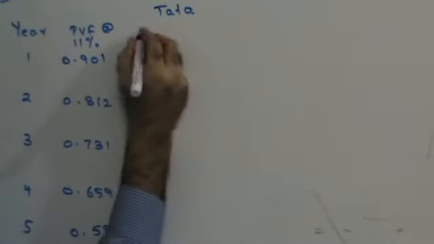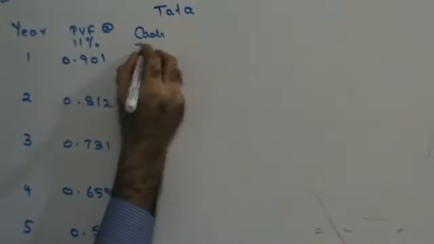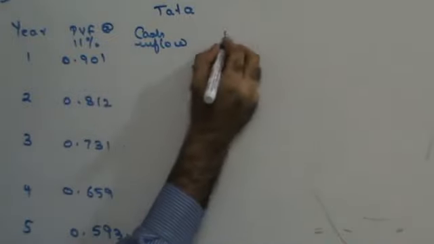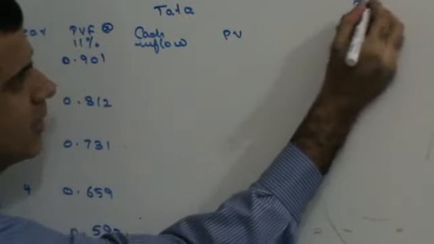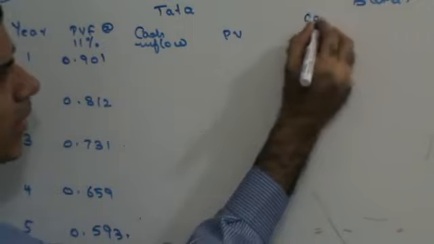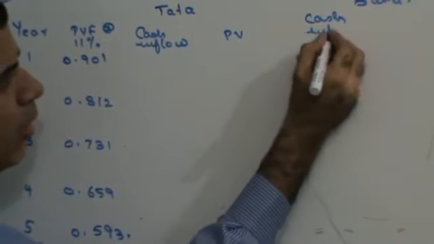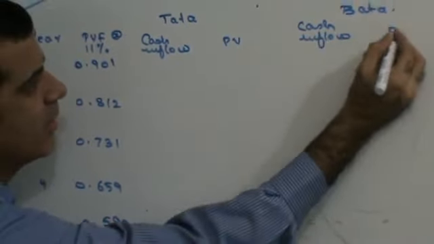Now let's see the two projects. The first project is Tata Limited. Name of the first project is Tata. And the other project, let's write its cash inflow and present value. And the other project is Bata. Cash inflow and present value.